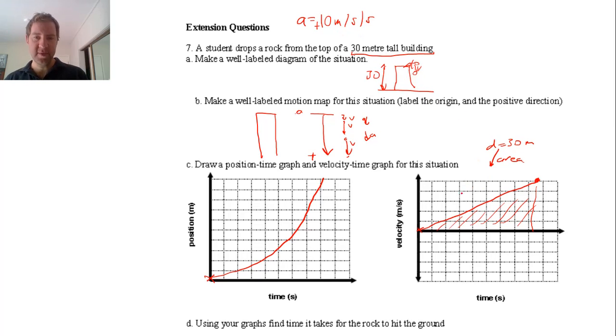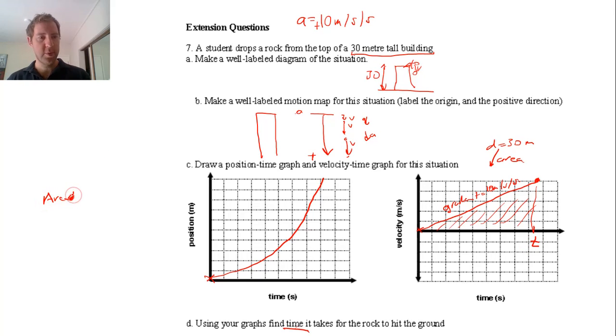What is the acceleration on the velocity time graph? That's the gradient. So I know the gradient equals 10 meters a second. But I'm asked to find the time using my graphs. So what I'm going to do is write out what formula I would use. This is some time t. What formula would I use to work out the area?